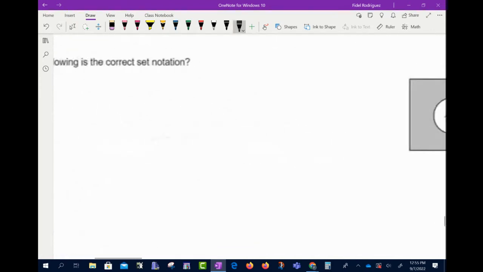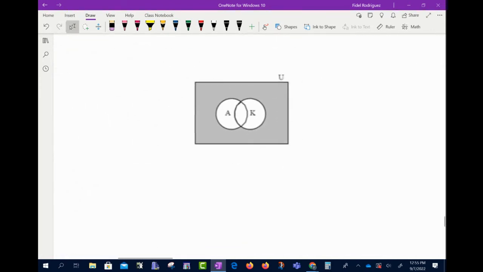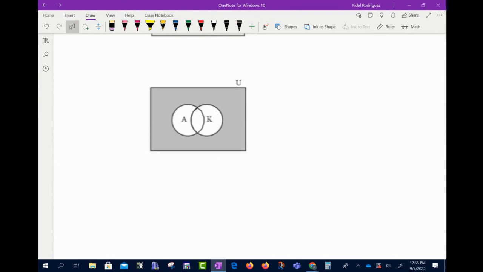Now, there is a second problem. The second problem looks like we have everything outside of the set A and everything outside of the set K, right?